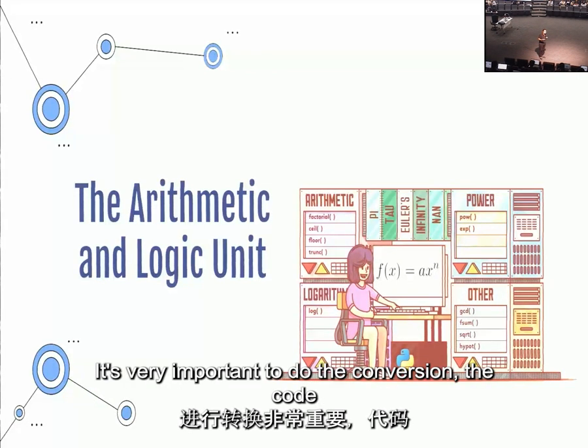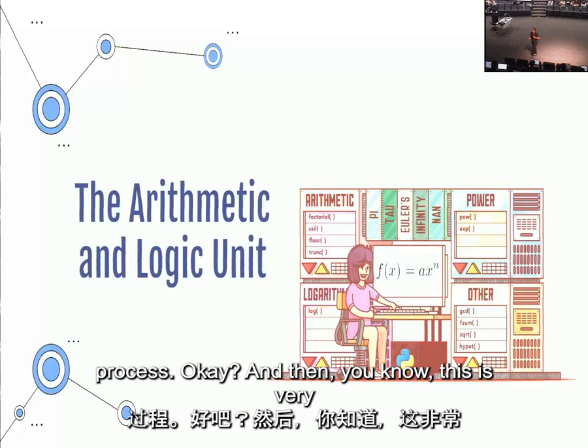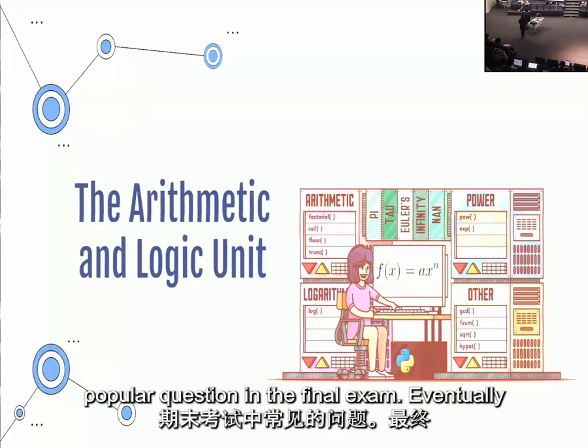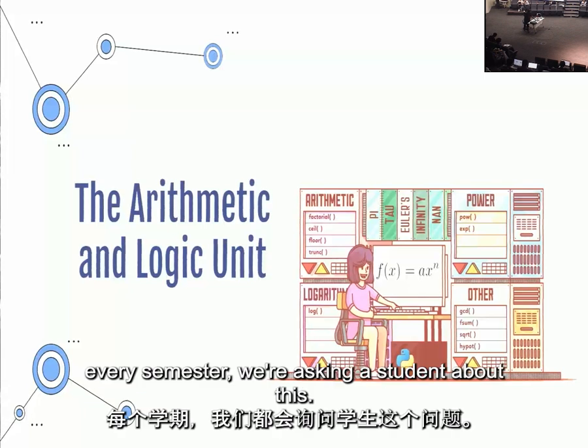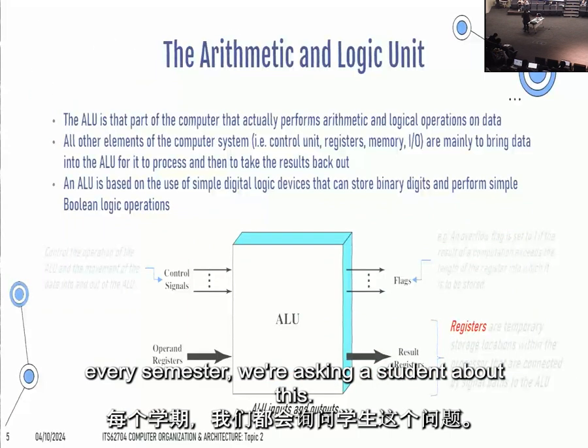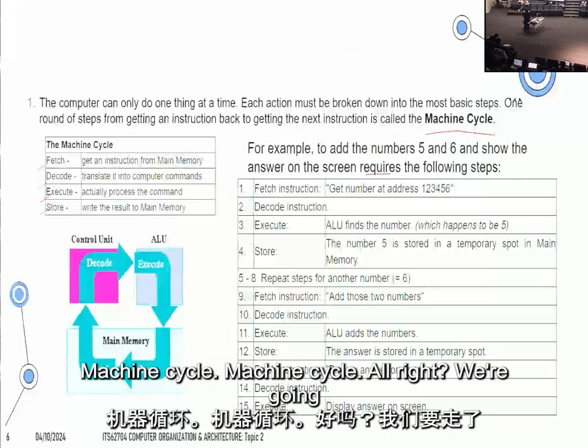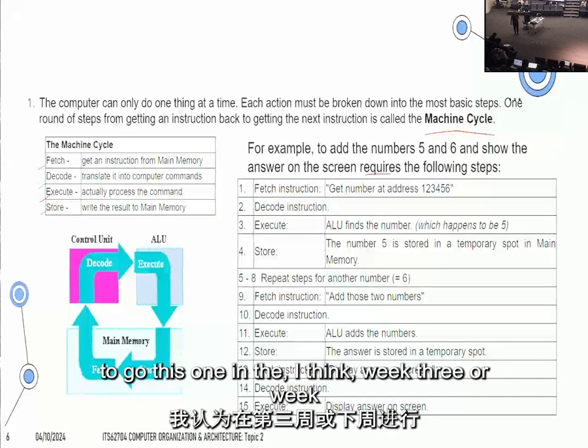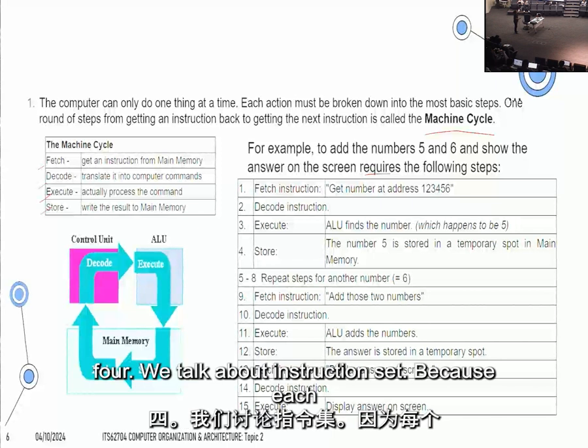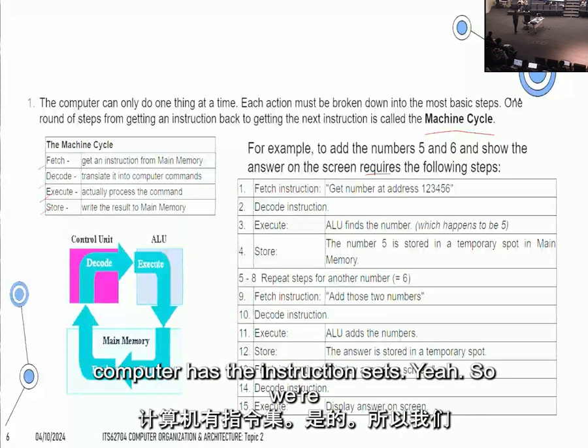So the arithmetic logic unit, ALU, is very important to do the conversion and decode process. This is a very popular question in the final exam; eventually every semester we ask students about it: the machine cycle. We're going to go through this in week 3 or week 4, when we talk about the instruction set, because each computer has instruction sets.